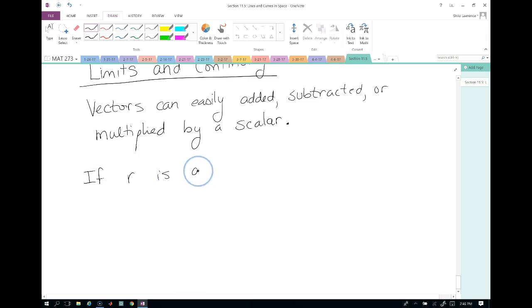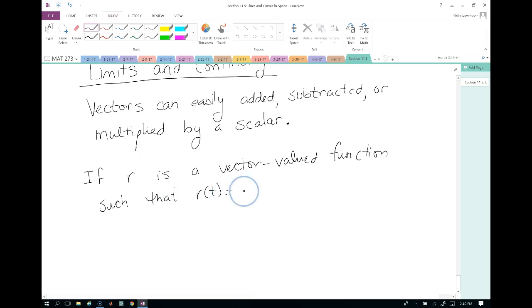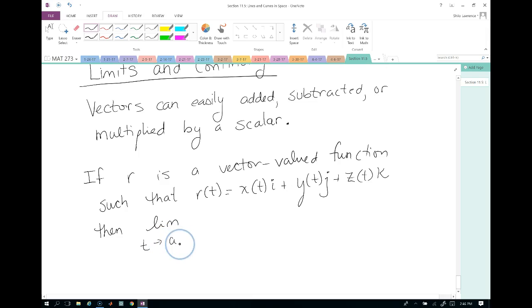If R is a vector-valued function, such that R of t equals x of t i plus y of t j plus z of t k, then the limit as t approaches some value for R of t, we can really break this up into 3 different limit problems.